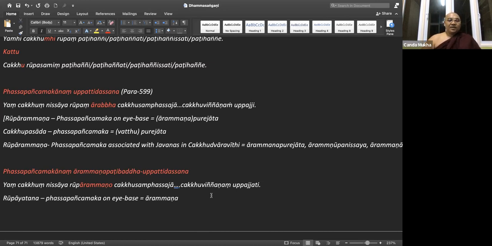In this session the Buddha used Ruparamano. On page 348 of the Athasalini, the commentator wants to mention Ruparamano.